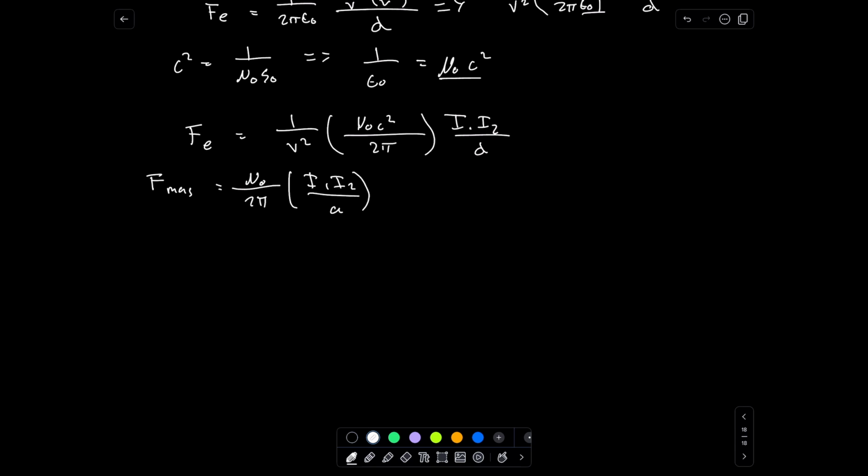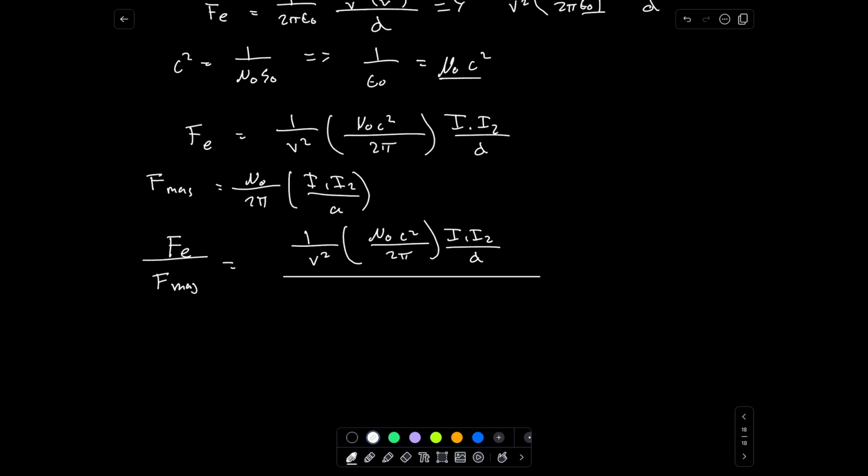So we could simply divide these two to get our ratio of forces, which is simply Fe over F mag, which equals 1 over V squared of mu naught c squared over 2 pi I1 I2 over D, over our mu naught over 2 pi of I1 I2 over D. And this will simply just become c squared over v squared.